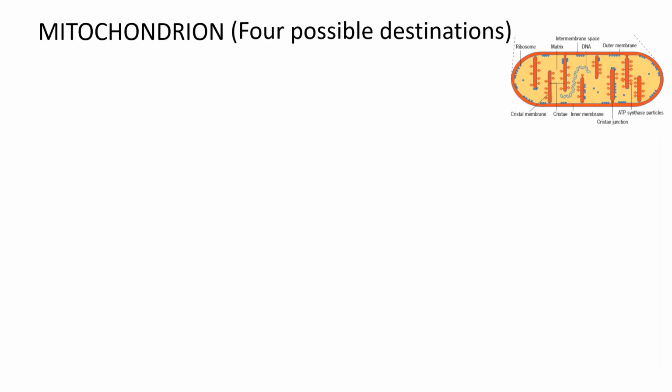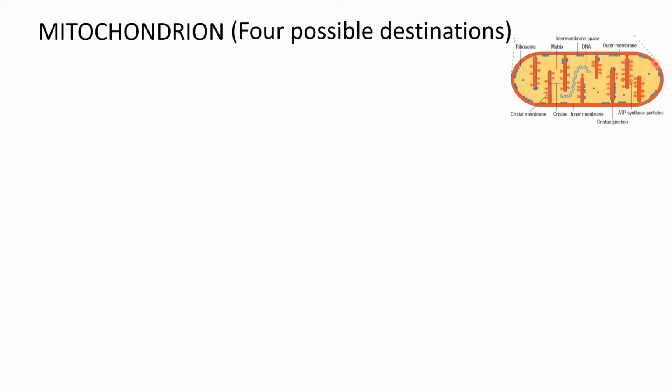So in the mitochondrion, there are 4 possible destinations of the proteins from the Golgi apparatus. What are those 4 destinations? Number 1, it can be the outer membrane of the mitochondrion. Number 2, it can be the intermembrane space. Number 3, it can be the inner membrane of the mitochondrion.